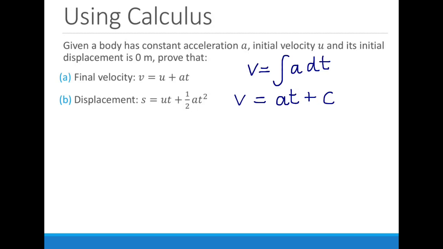Well, it tells me that when t equals 0, then my velocity is equal to u. So substituting that information in, I know that u equals at. Now t is 0, so that's 0, add c. So therefore c equals u.